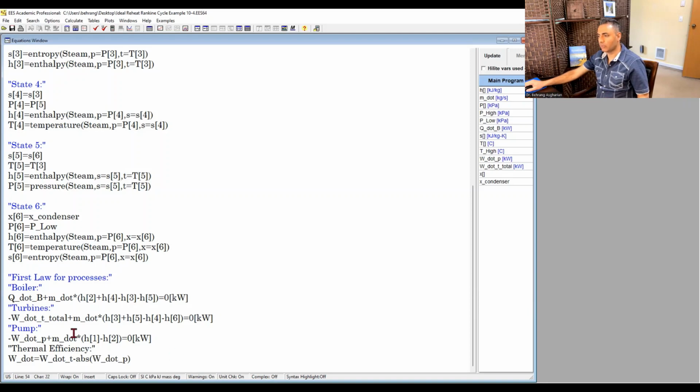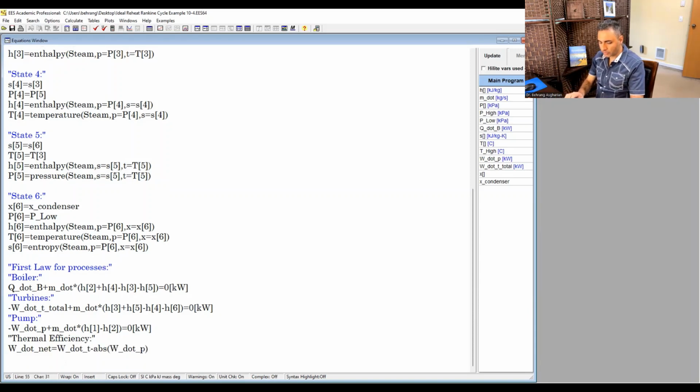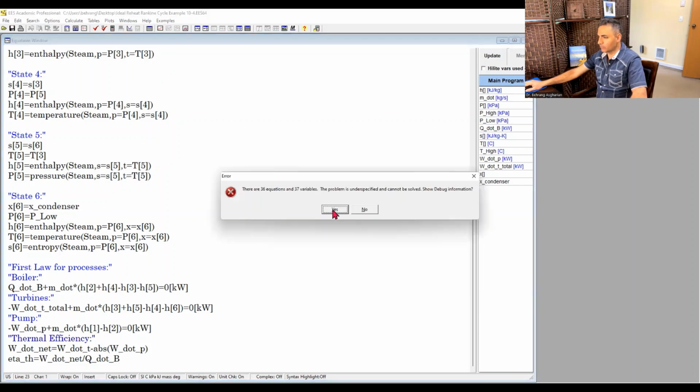That would be W dot net in this case. I got to call it W dot net to make sure that it's good. And Q dot of boiler I already have, so everything should be good to go. So eta, the thermal efficiency, would be W dot net over Q dot boiler. Done. This concludes our code, basically. Again, I made a mistake. What did I do?